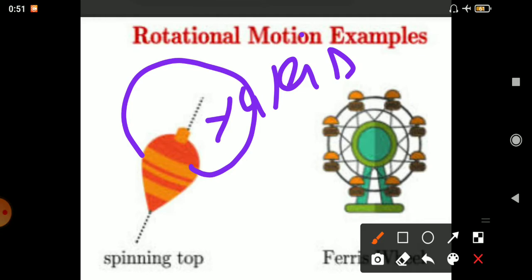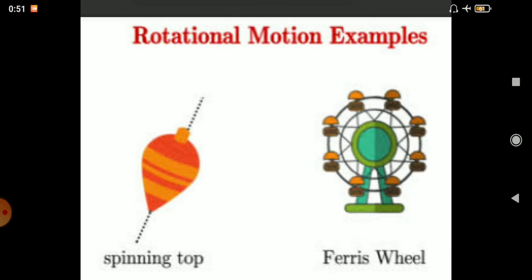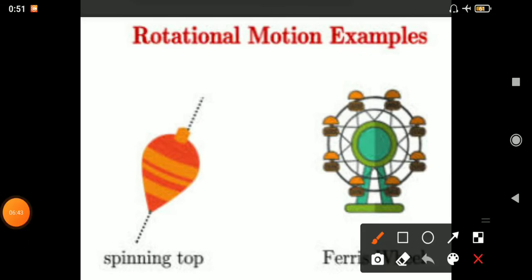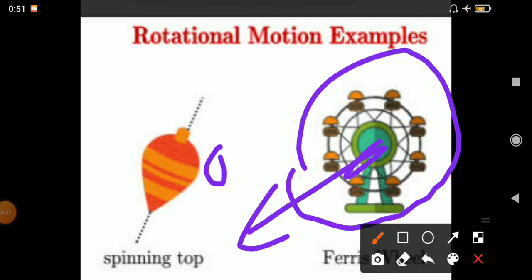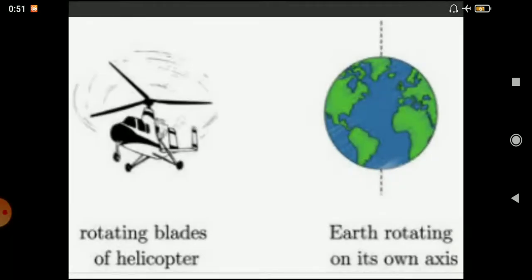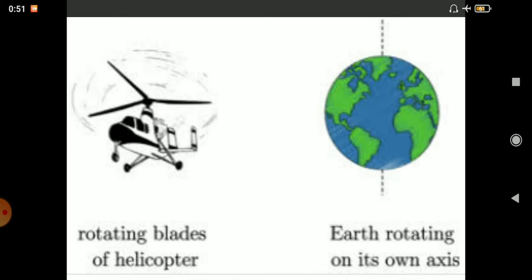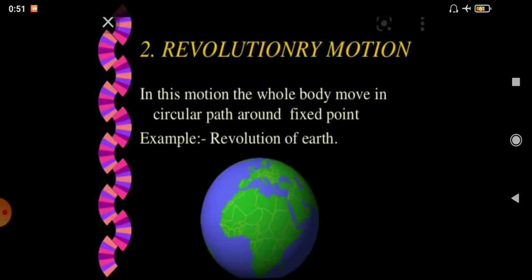So it is moving around its own axis, so we will call it rotational motion. Same with this ferry wheel. You must have seen such a ferry wheel when a fair is held in your area. Here all these seats are moving around this axis. So we call such motion rotational motion. Like the rotating blades of a helicopter, the earth is also rotating on its own axis.